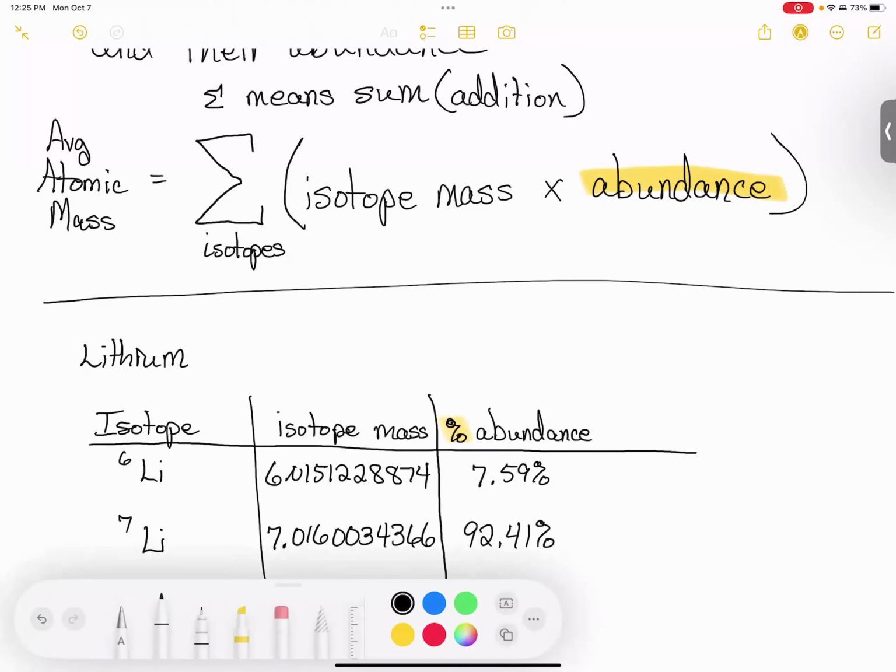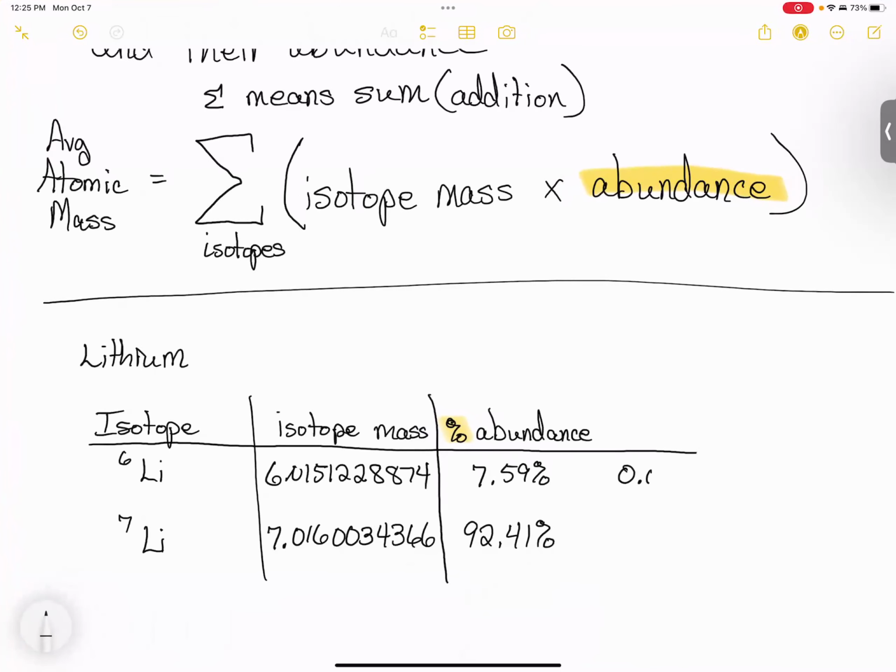So the first thing I'm going to do is take this out of percentage to 0.0759 and 0.9241. I'm then going to multiply the isotope mass by the abundance for both isotopes.